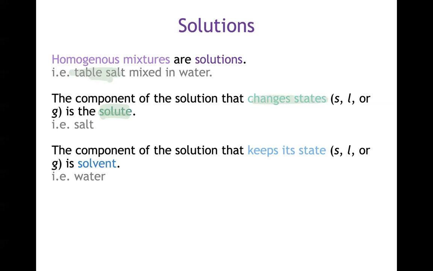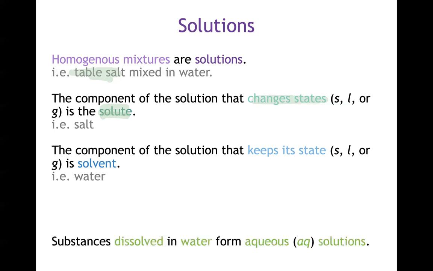Which of the two components do we define as the solvent? The solvent typically keeps its state. In the case of water, it's liquid water, and it's still liquid water. But the solute changes its state.